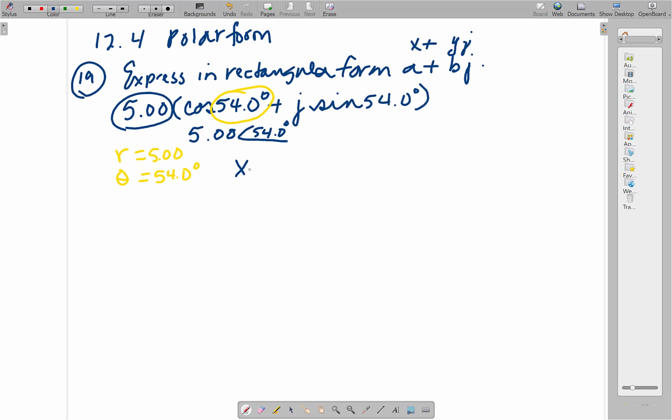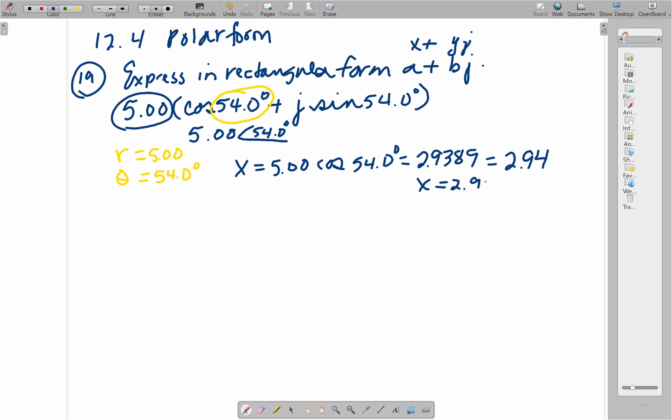Our x can always be found by taking r, 5.00, times the cosine of theta, 54.0 degrees, which is going to give you 2.9389. And we see that this is carried out to the hundredths place, so we're going to carry this out to the same place. 2.94 is our x.